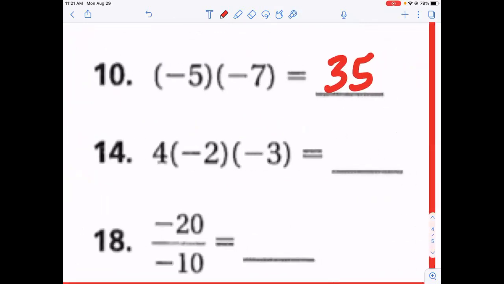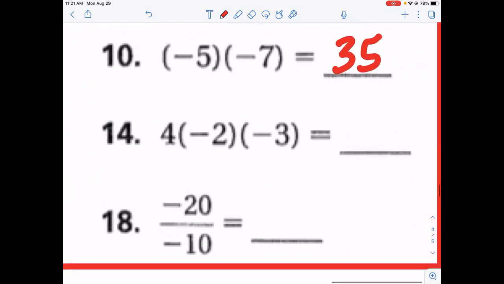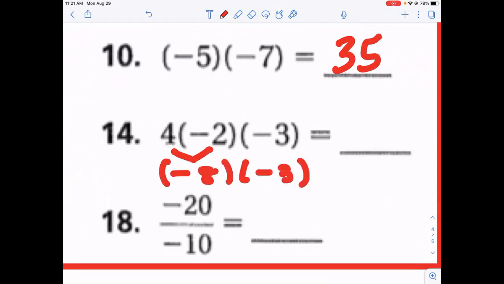Now, number 14. Bennett, what was your thought process for number 14? 4 times -2, which is -8. So now we have -8 times -3, which is 24.